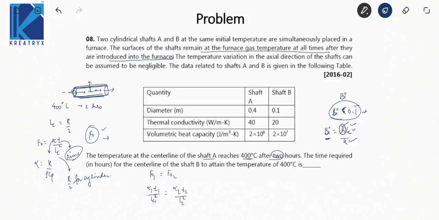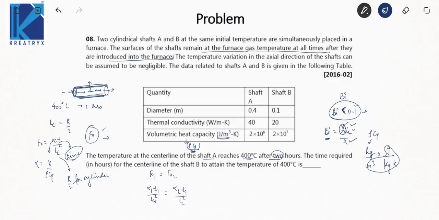Okay, volumetric heat capacity, joule per meter cube Kelvin. What is this volumetric heat capacity? This is rho Cp. You can also verify it with the help of units. Rho is kilogram per meter cube, and Cp is joule per kilogram Kelvin, which comes out to be joule per meter cube Kelvin. Okay, so this becomes rho Cp.